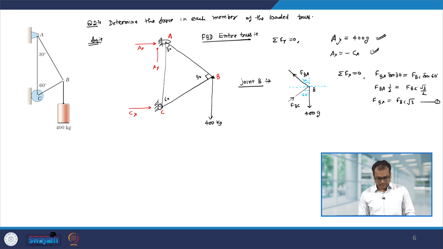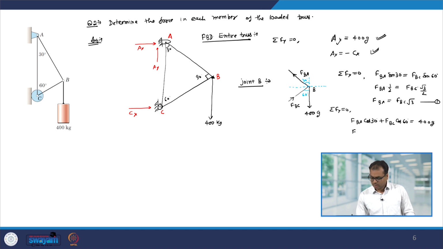Now, let us balance the force in the y direction. So, summation Fy equal to 0. So, I get FBA cos 30 degree plus FBC cos 60 degree equal to 400 G, and let us put the value of cos 30 and cos 60.